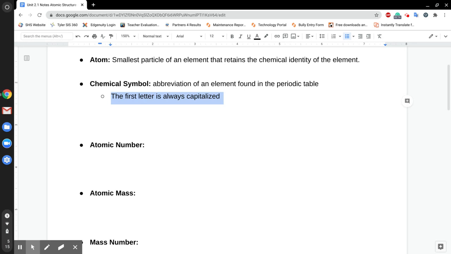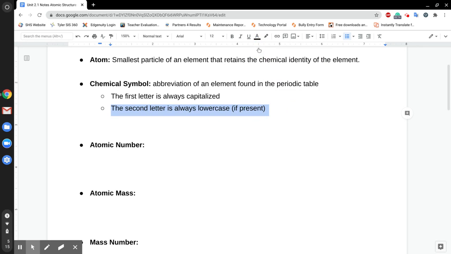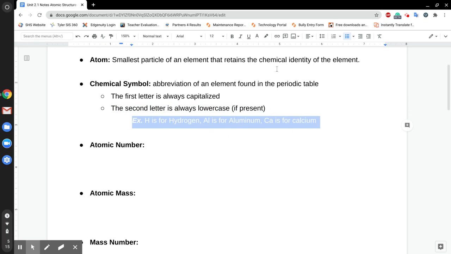This is how we distinguish one element from another, because if an element had two letters and both of them were capitalized, it would be super difficult to understand which one is which. Then if it has a second letter, it is always lowercase. A good chunk of them do have second letters, and a good chunk of them don't.